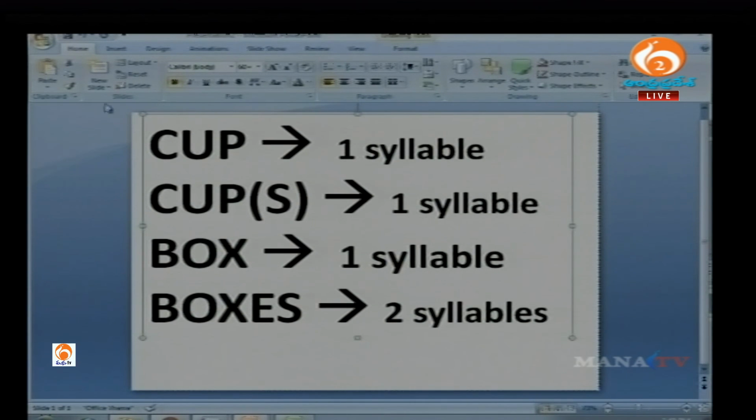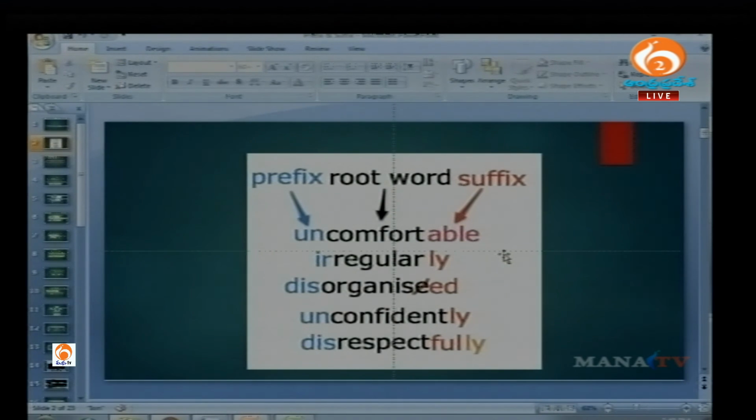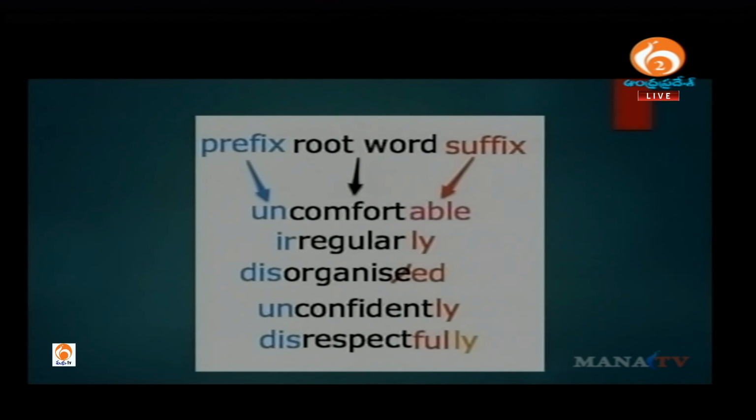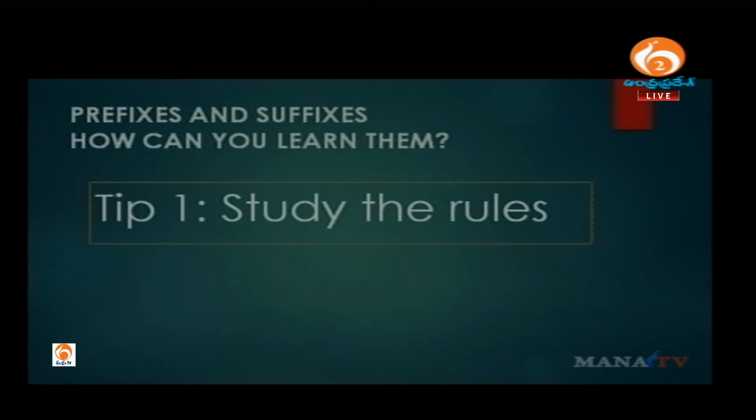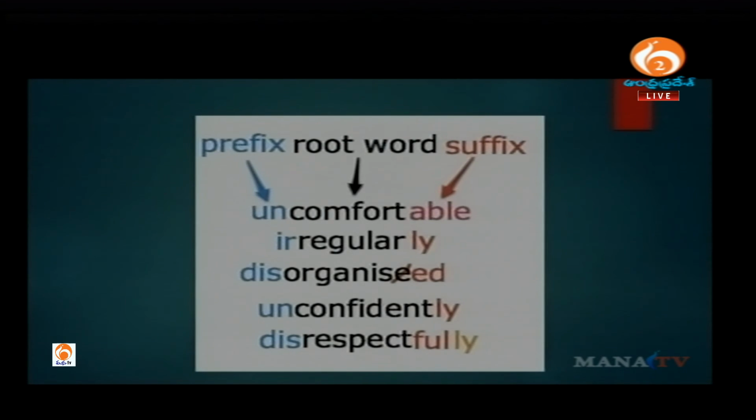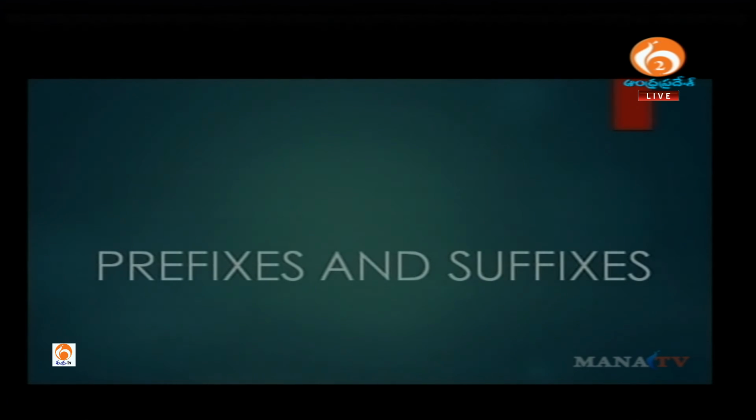So when it comes to adding a plural form on the second word, one syllable becomes two syllables, and instead of adding just S, I am also adding an E. So when it comes to prefix and suffix, there are certain rules that need to be followed in terms of spelling, in terms of pronunciation. What are those rules and how to be perfect in terms of prefix and suffix? That's exactly what I'm going to explain in the next session.